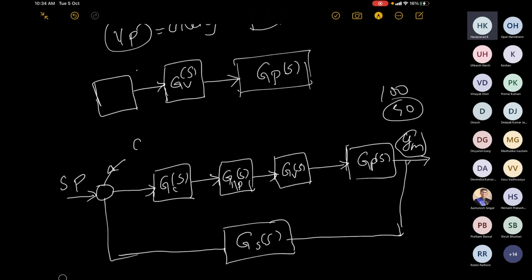This is called the comparator. The set point minus the sensor output is computed as an error, and this error goes to the controller. The controller connects to the I to P converter, which most likely has no scaling, so you could assume it to be unity, and then there is the control valve.